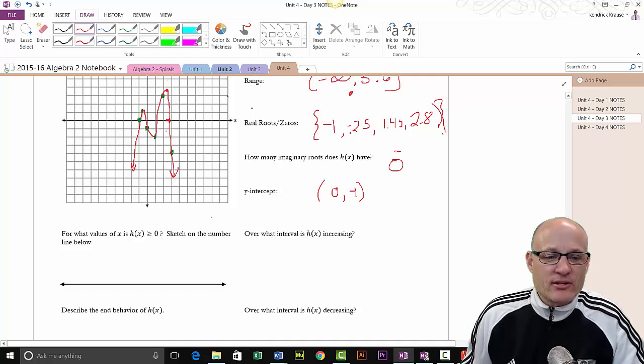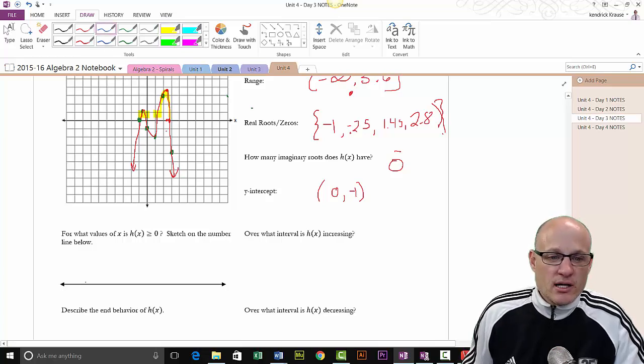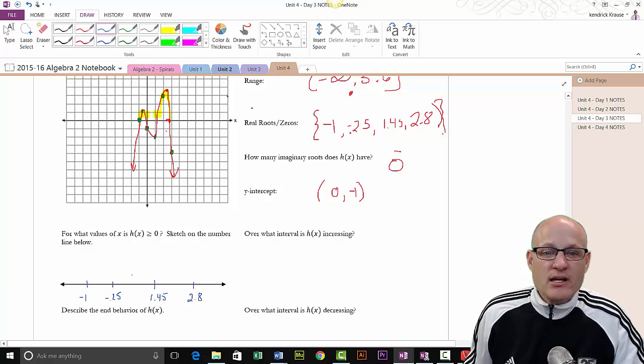Where is it positive? So we're going to need those roots. Let me just highlight where it's positive. It's positive here and here. So if I'm going here, I'm going to put my roots in here: -1, -0.25, 1.45, and 2.8. What are we looking for?